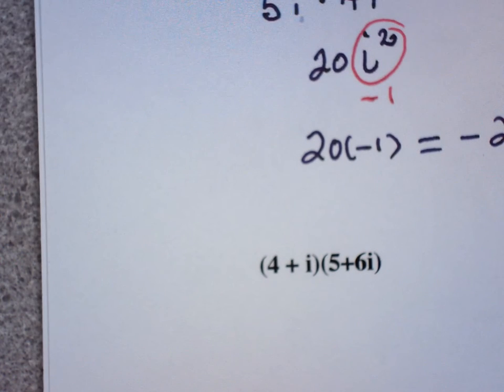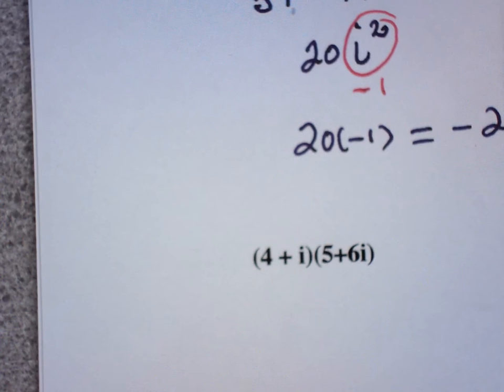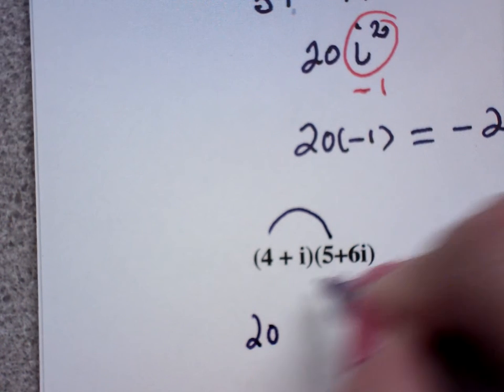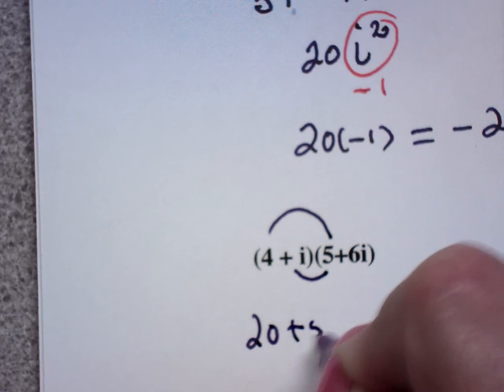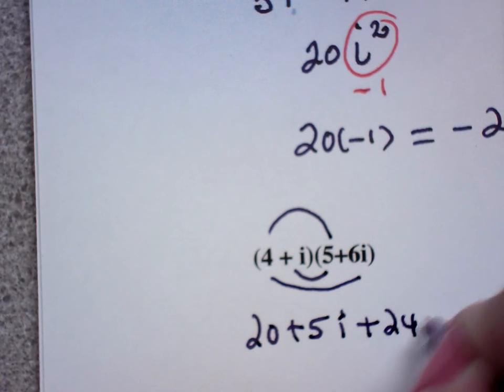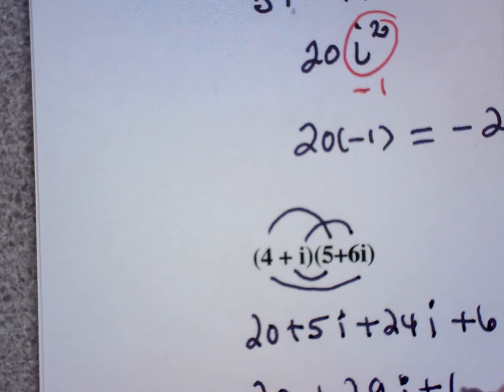Since it's a binomial times a binomial, guess what we need to do? FOIL it. So, firsts 20, inner plus 5i, outer plus 24i, lasts plus 6i squared. 20 plus 29i plus 6i squared. What do we know about i squared?